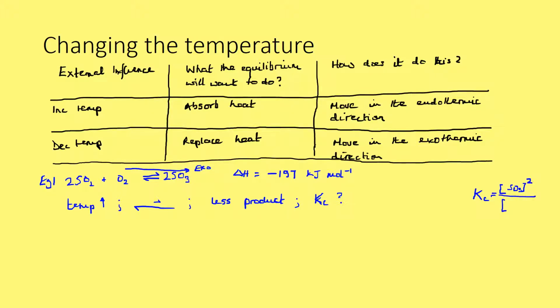And there are 2 reactants. First of all, we have sulfur dioxide, 2 moles of that in the balanced equation. And we also have 1 mole of oxygen. So that's our Kc. And if we are getting less product, less sulfur trioxide, then you can see that Kc is going to decrease. So let me just cross out that question mark because we just worked that out. Kc is going to decrease.